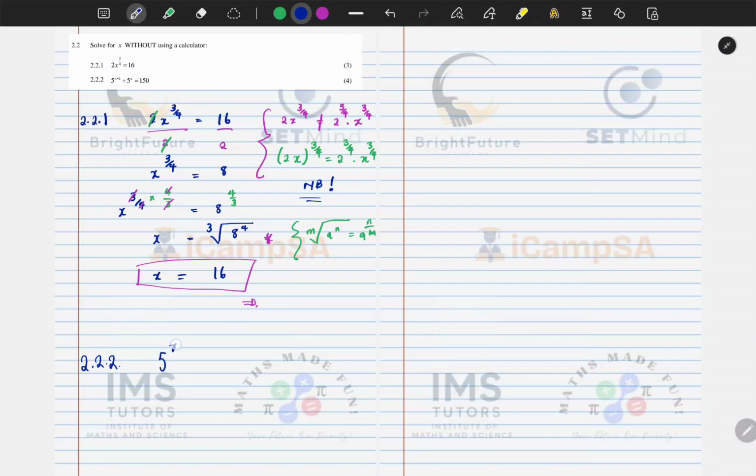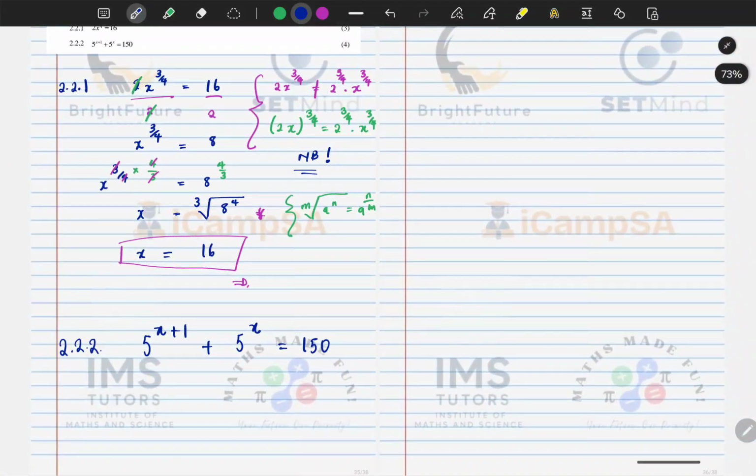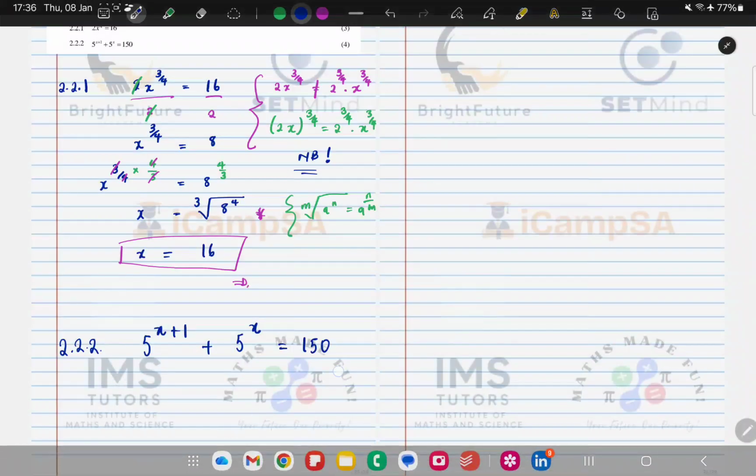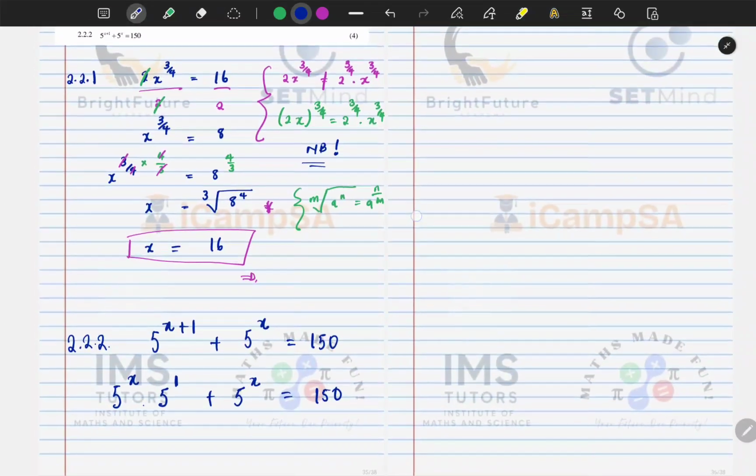So we have 5 to the power of x plus 1 plus 5 to the power of x, which equals 150. What I'm going to try and do is write this to have the same base, so I'm going to break this down. This is the same thing as 5 raised to the power of x times 5 raised to the power of 1 plus 5 raised to the power of x equals 150.